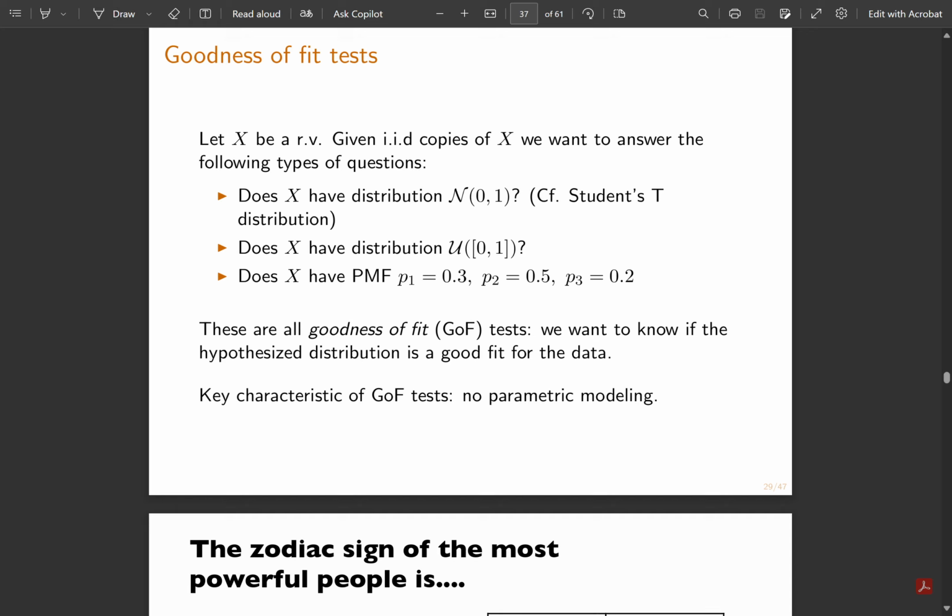So let's begin. For this, we have x, a random variable, and it is unknown. The realizations of this variable are called x1, x2, x3, and we'll call them IID copies. And suppose these x have a standard Gaussian distribution.